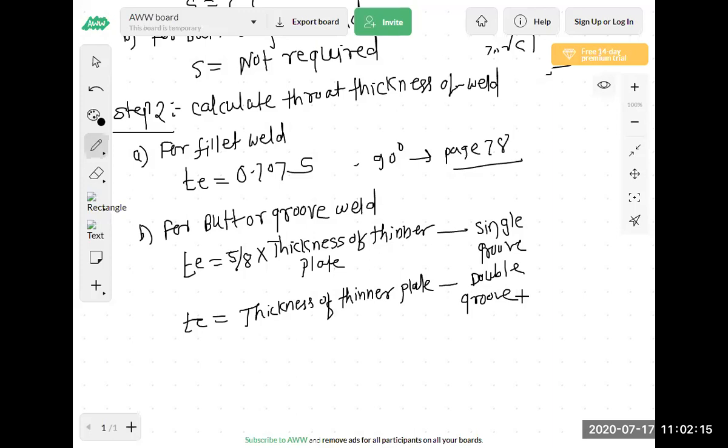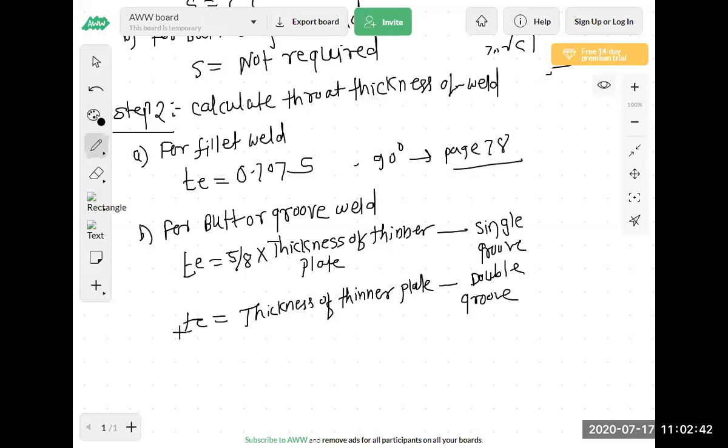For that purpose I have given this procedure, and that is not given in any book. They have directly solved the problems, directly taken T, then calculated strength. So if we go by the procedure, we will better understand the design solving procedure.